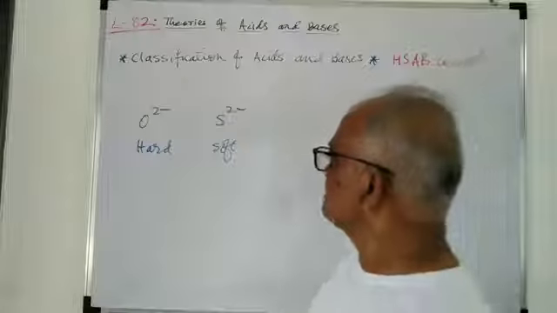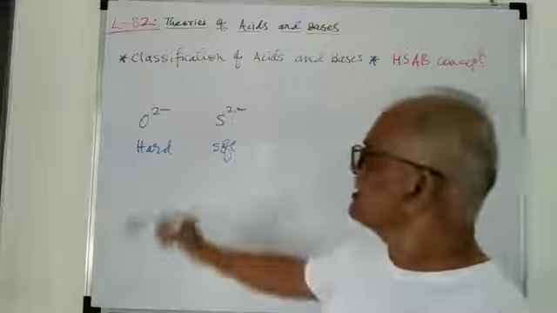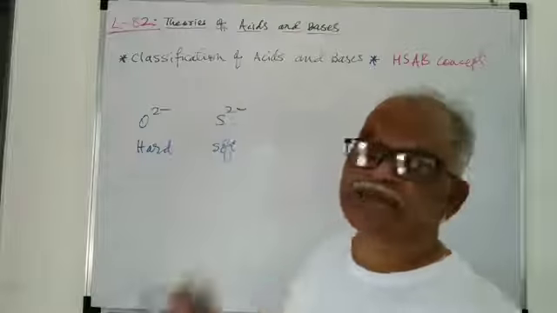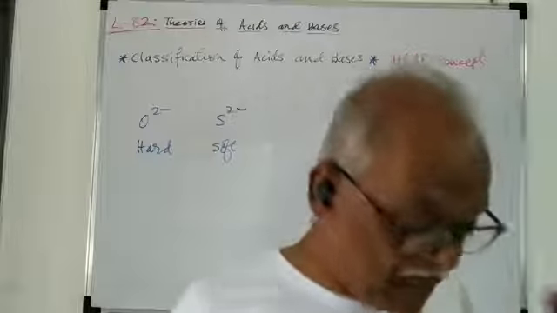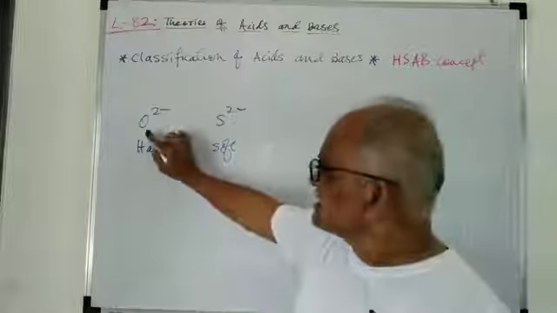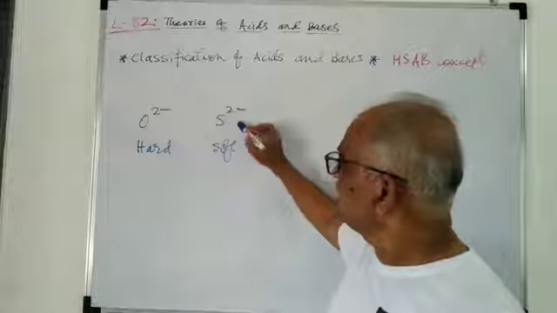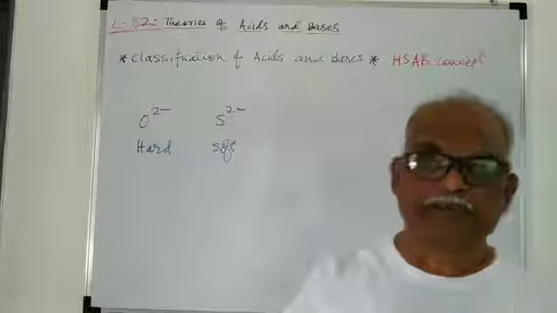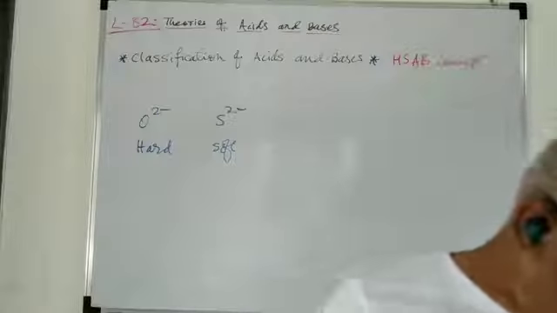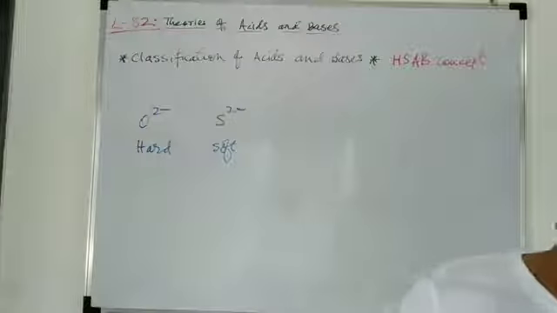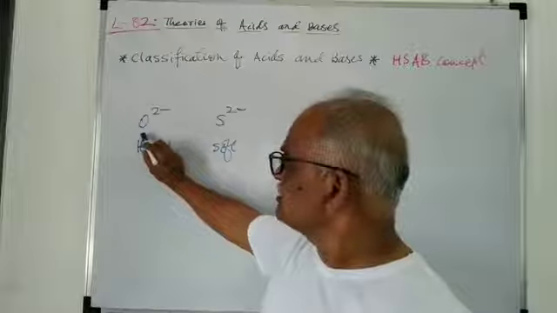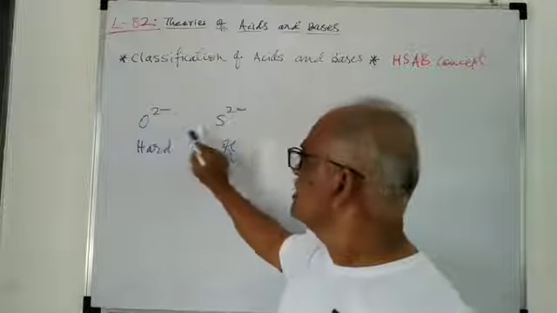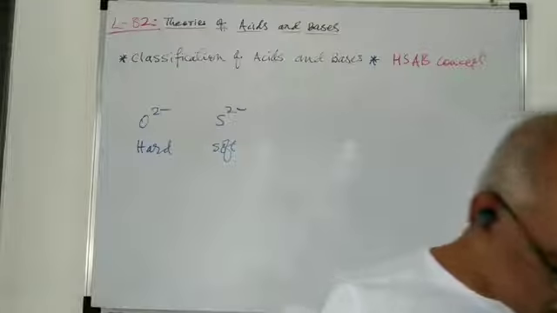This is because oxygen is smaller in size, sulfur is larger in size, and that is why oxygen is less polarizable and sulfur is more polarizable. So this electron cloud is bulkier and therefore it can be easily polarized. The number of electrons, if we compare, this has fewer electrons, this has more electrons.